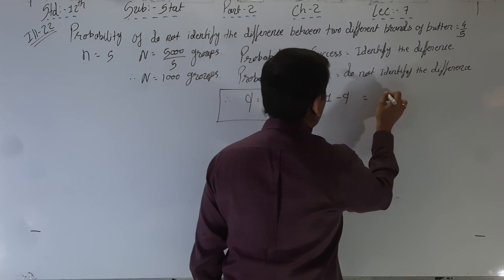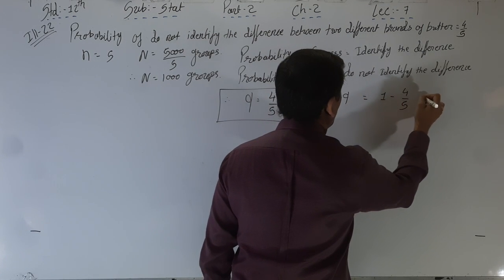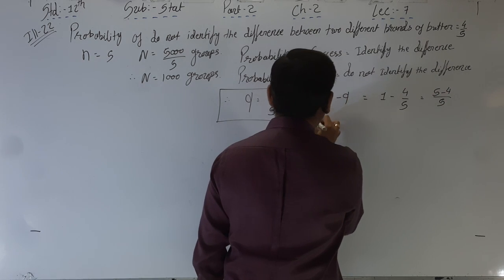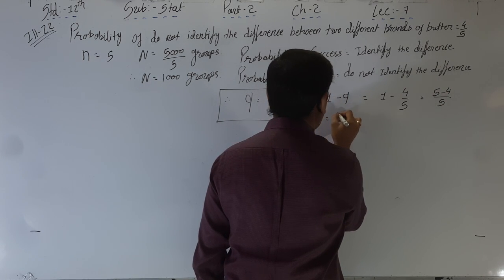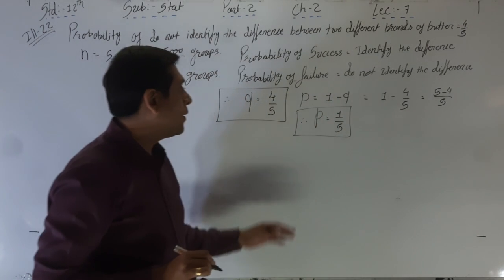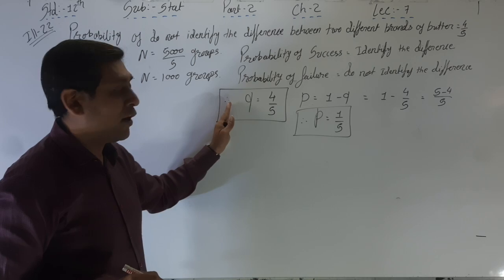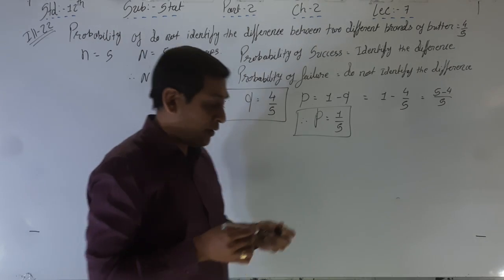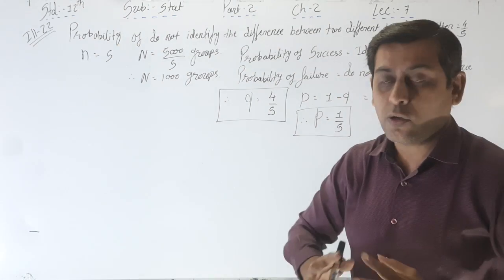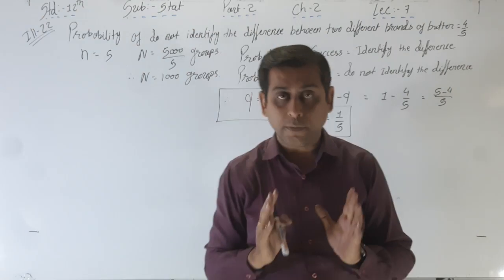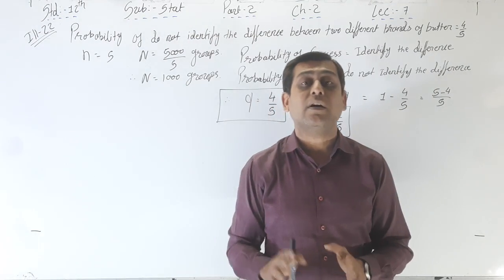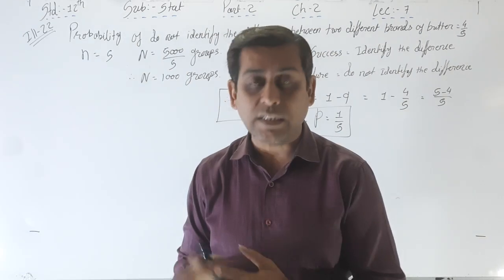Here 1 minus 4/5, 5 is the LCM, so 5 minus 4 over 5. So probability of success is equal to 1/5, probability of failure is 4/5, small n is 5 and capital N is equal to 1000 groups. So here all the characteristics, or all the parameters of the binomial distribution, are known.